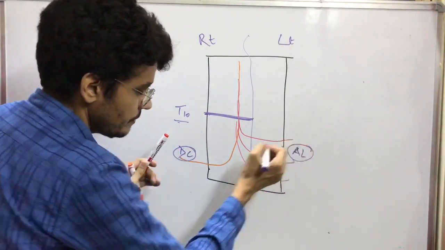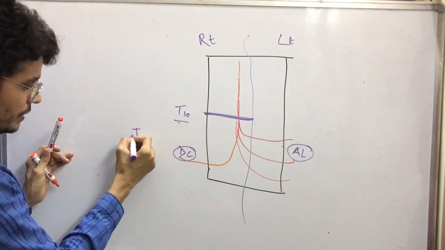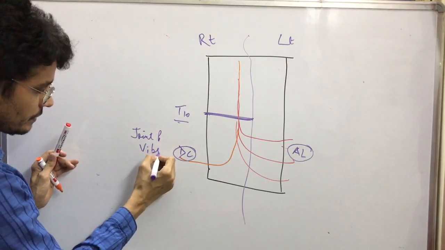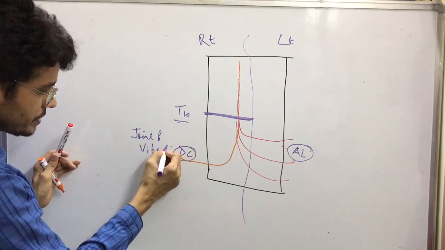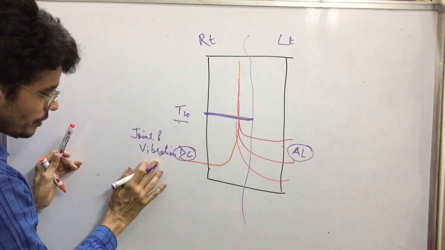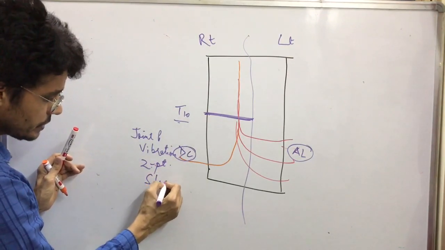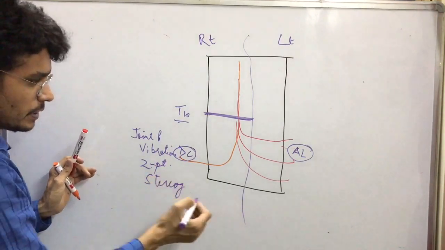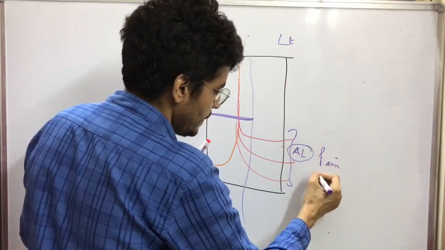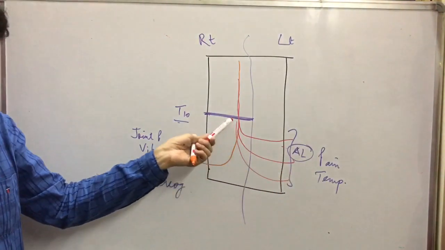the anterolateral spinothalamic tract. The dorsal column carries joint position, vibration, fine touch, 2-point discrimination, stereognosis, right? And the anterolateral tract mainly carries pain and temperature from the opposite side because they cross over to the opposite side.